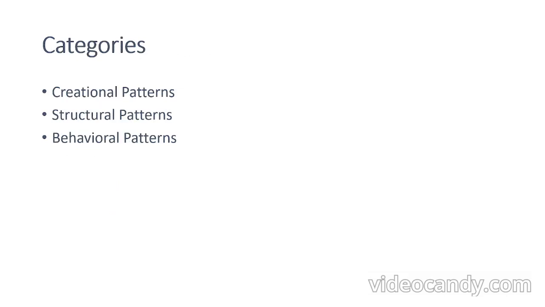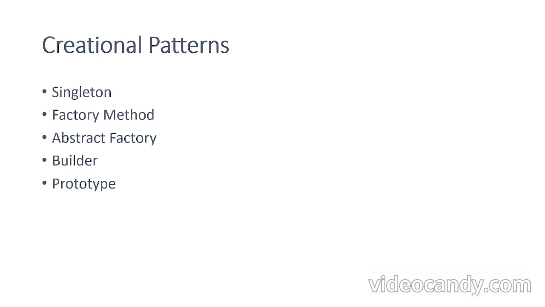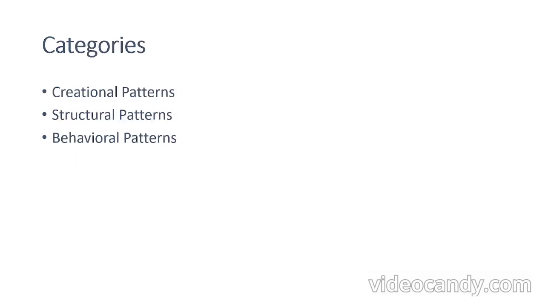As I was saying, singleton is about creating a single object for one class. If you encounter that situation, you can make use of the singleton pattern, which comes under creational patterns. The others, factory method, abstract factory, builder, and prototype, are used for different scenarios.